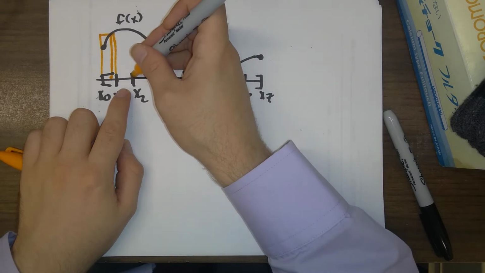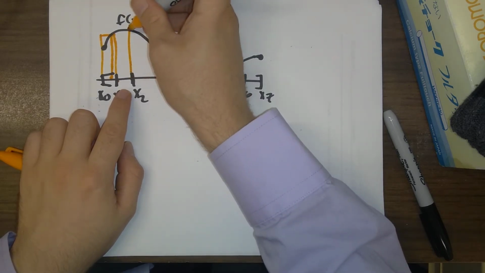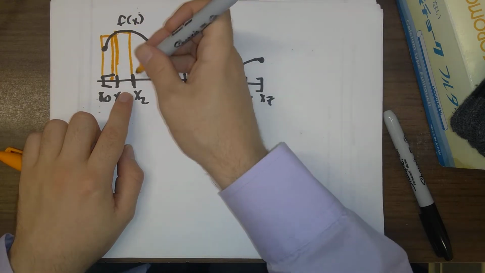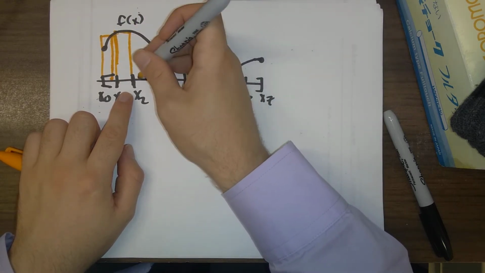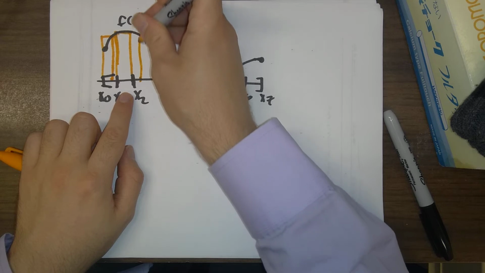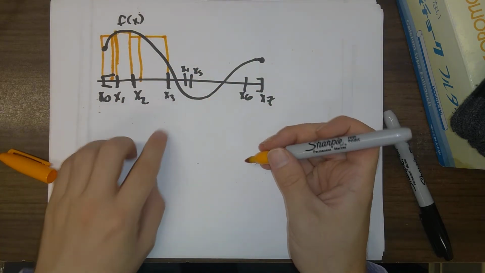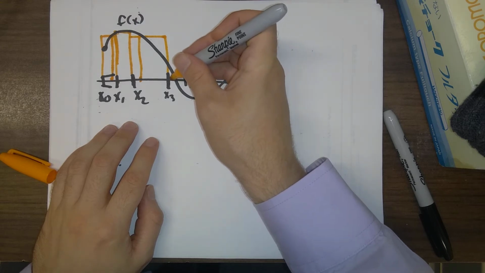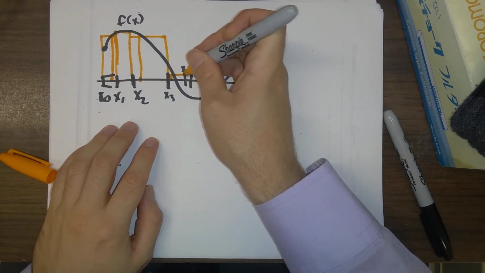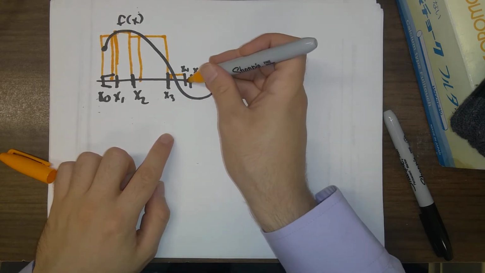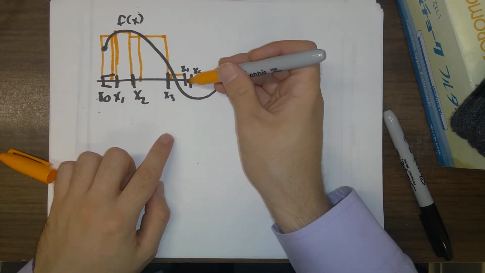Now let's say I pick basically the right endpoint. So there's another rectangle. For this one, suppose I pick right there. So there's a rectangle. Now let's say I pick that point right there, just squeeze it in there.